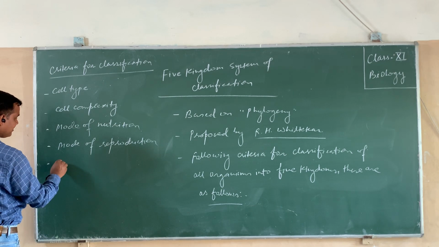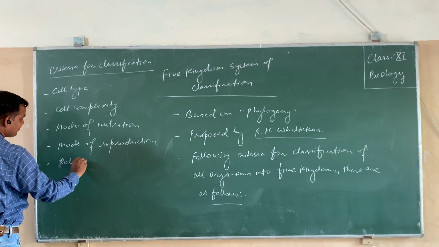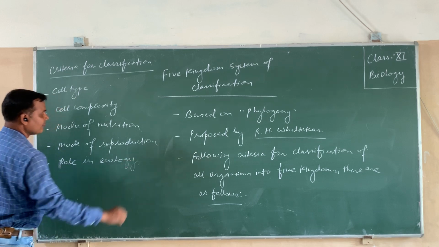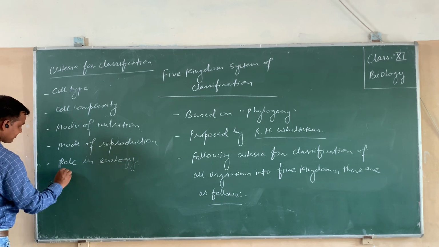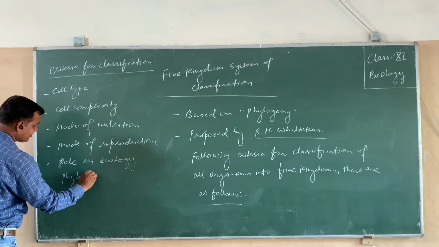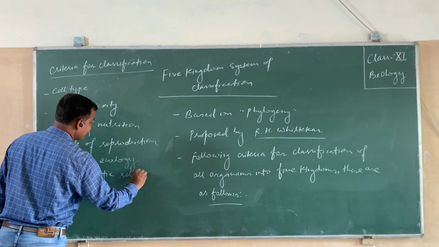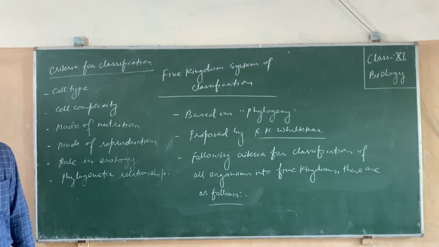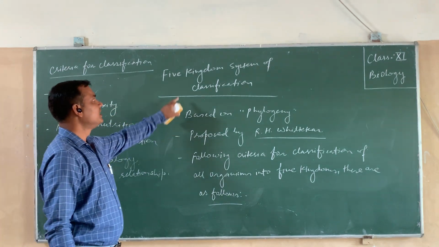Fifth type is role in ecology. The last type is phylogenetic relationship. So these are the 5 or 6 criteria adopted by Whittaker to classify all the organisms in the 5 kingdoms.